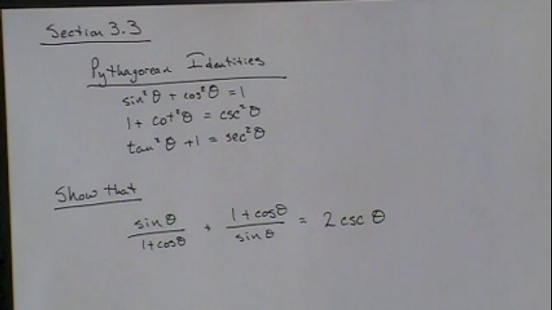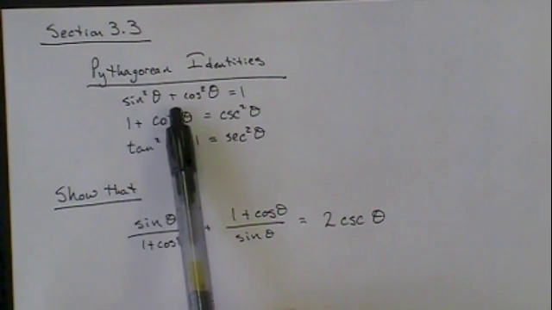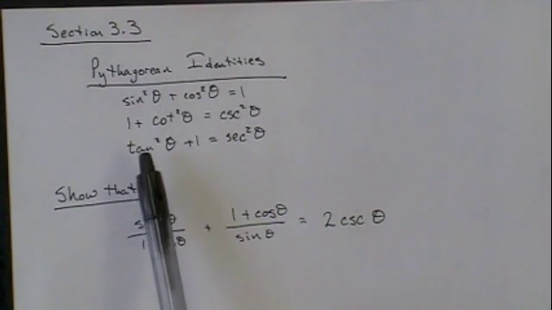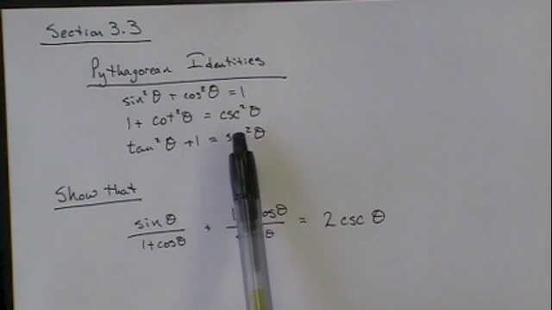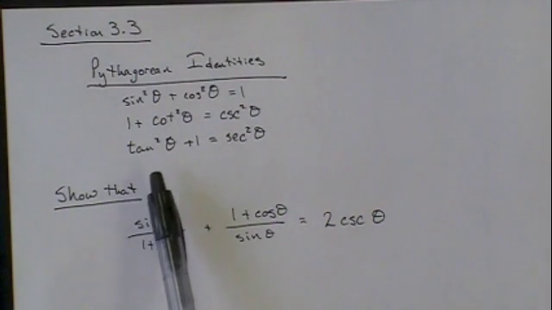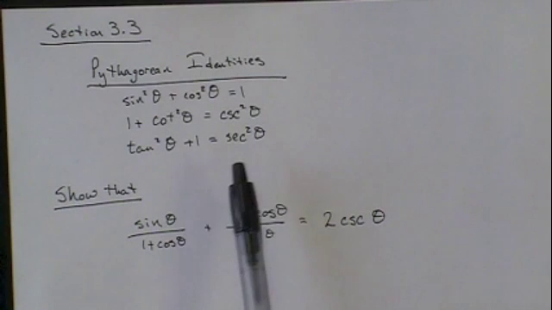In section 3.3, we're going to be using algebra to simplify trigonometric expressions. We're also going to be establishing new identities. When we're doing this, we can use any of the identities that we've already worked with: our reciprocal identities, our quotient identities, the Pythagorean identities, like sine squared theta plus cosine squared theta equals 1, or 1 plus cotangent squared theta equals cosecant squared theta, or tangent squared theta plus 1 equals secant squared theta.